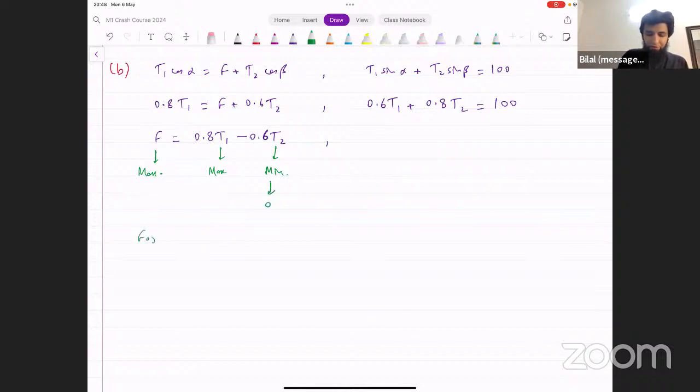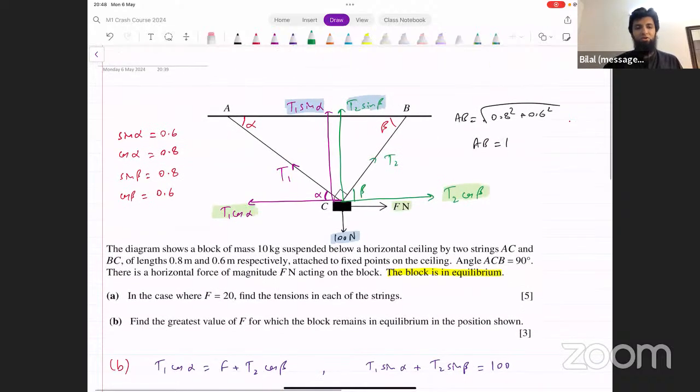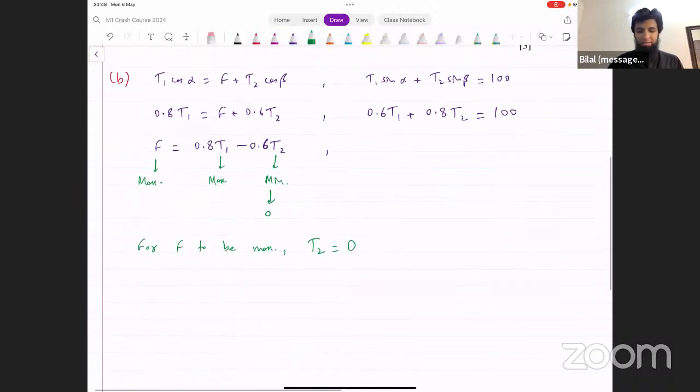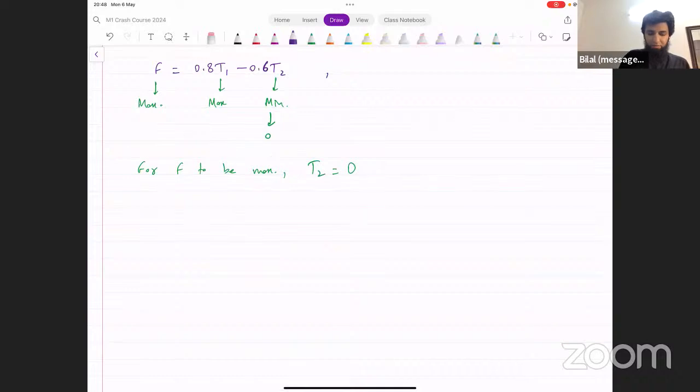So for F to be maximum, we say T2 should be equal to 0. Tension in the second string, the one on the right side, should be equal to 0. For F to be maximized, what does that give you? You get 0.8 T1 minus 0.6 times 0 here.